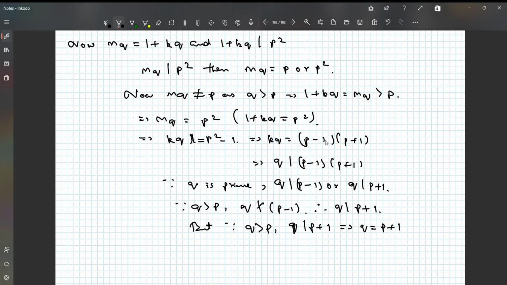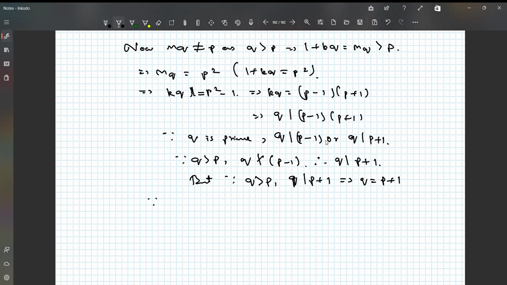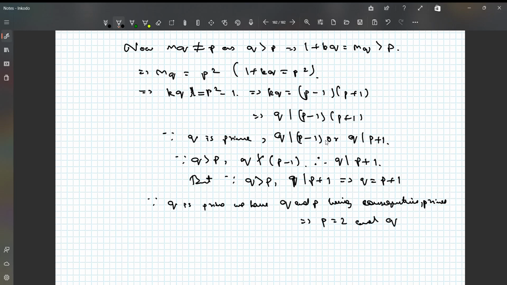But then Q is prime. So we have Q and P being consecutive primes, where P is less than Q. But the only consecutive primes which we know are P equals 2 and Q equals 3.